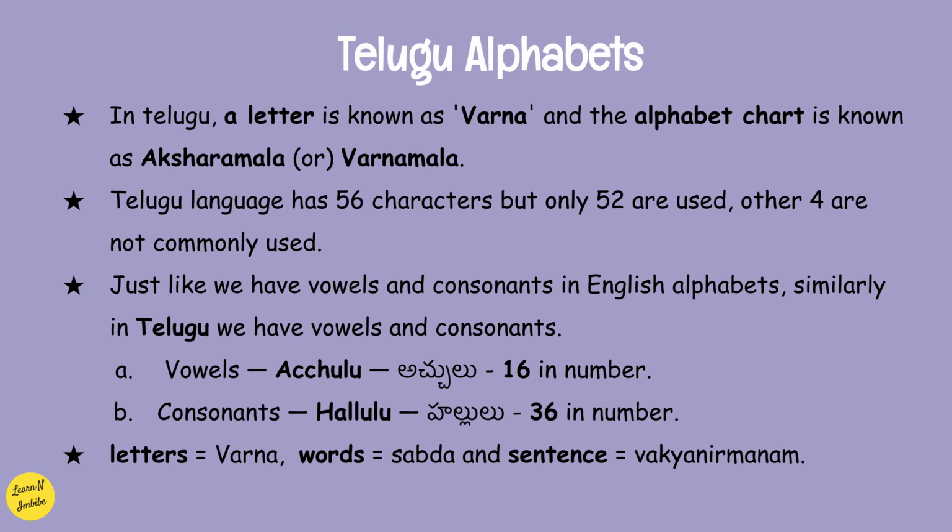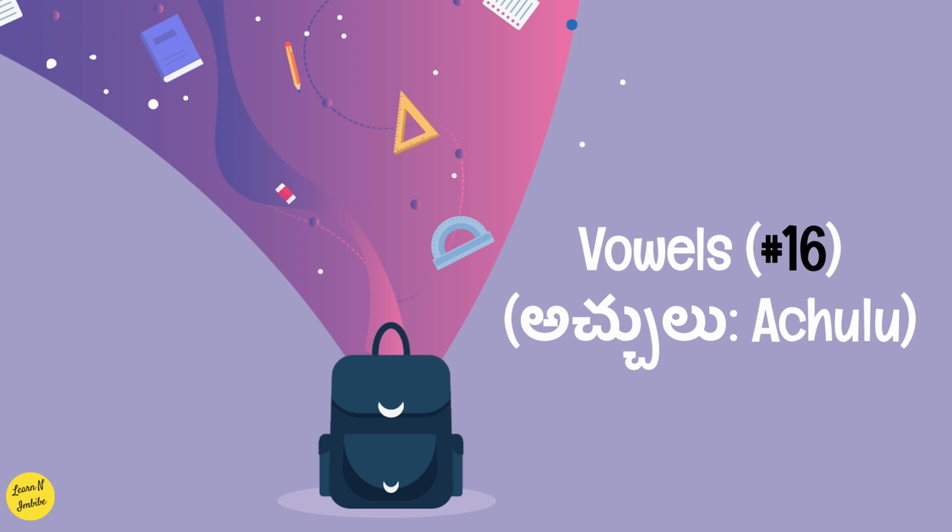Vowels are known as Achulu, which are 16 in number, and consonants are known as Halulu, which are 36 in number. Here, a letter is known as a Varna, words are known as Shabda, and a sentence is known as Vakya Nirmanam.